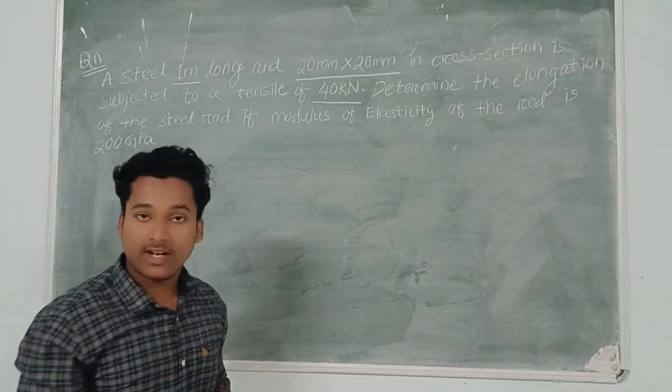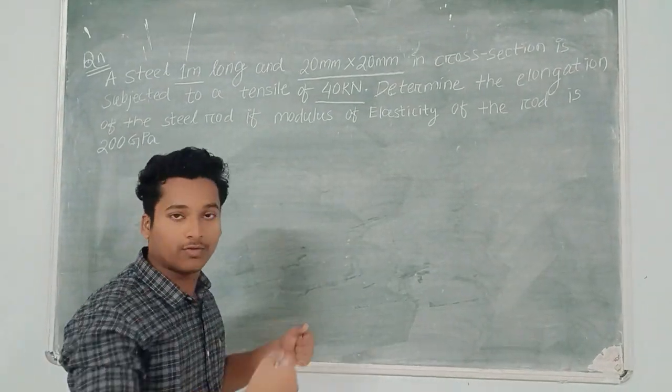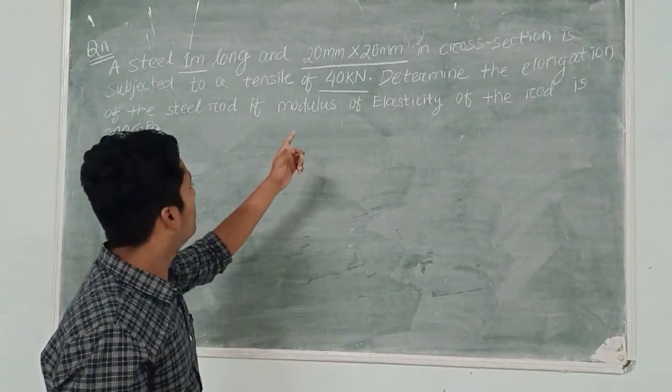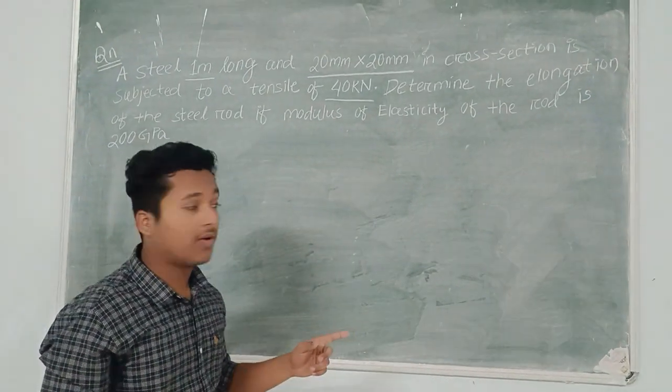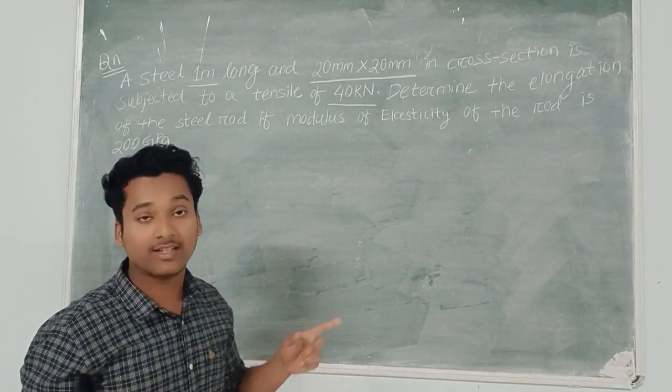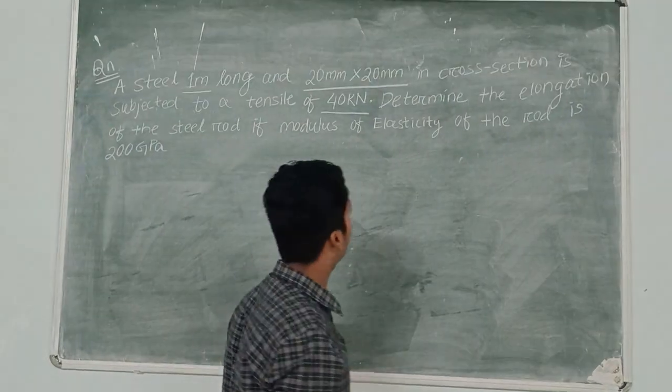Tensile force means pull force, when we pull the corresponding sides of the body, or bar. So on that body 40 kilonewton load is applied, and load is designated by P. So P is given as 40 kilonewton.